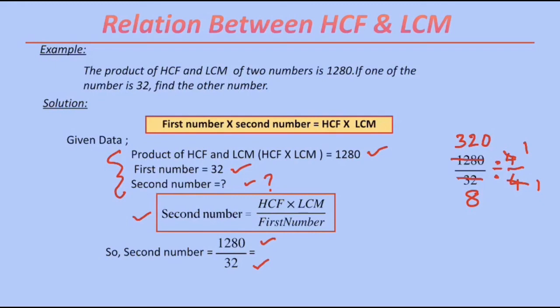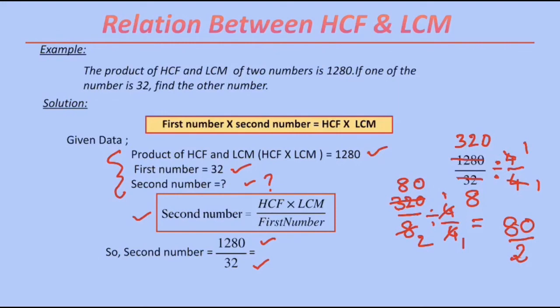Again, this number will be divisible by 4. 4 twos are 8, 4 eights are 32, 4 zeros are 0. 80 by 2.